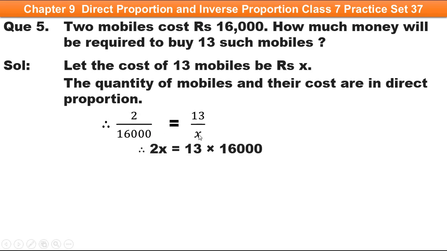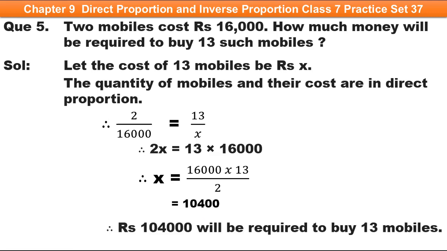Therefore, 2x is equal to 16,000 into 13. Therefore, x is equal to 16,000 into 13 divided by 2 is equal to 1,04,000. Rupees 1,04,000 will be required to buy 13 mobiles.